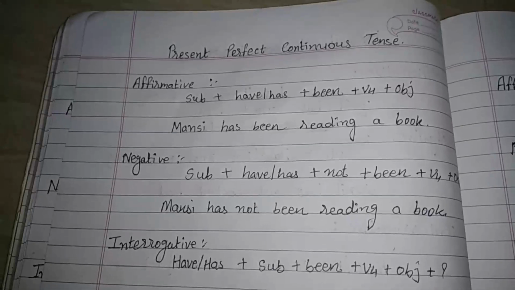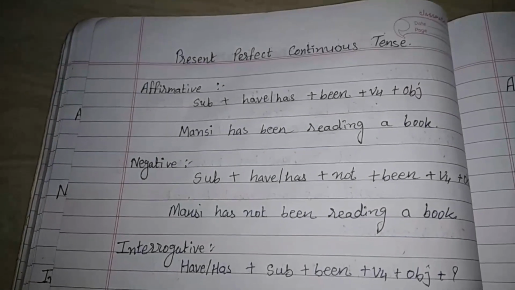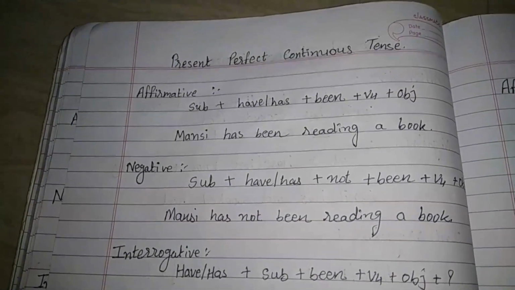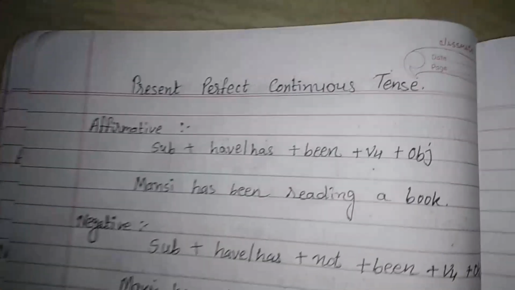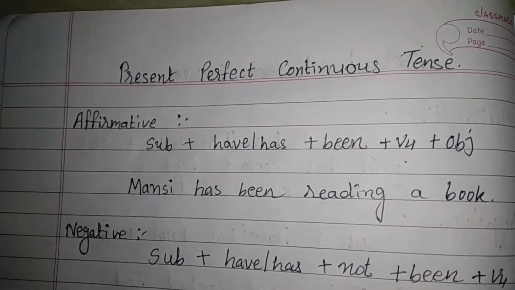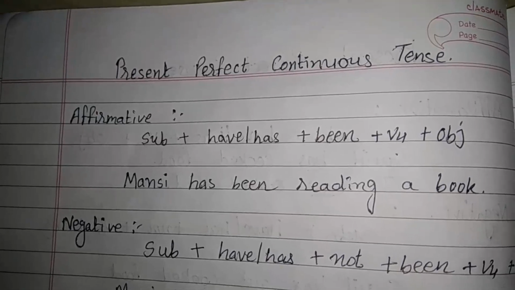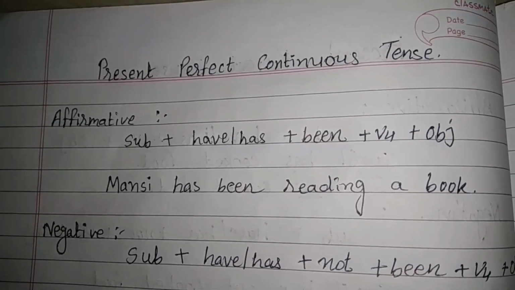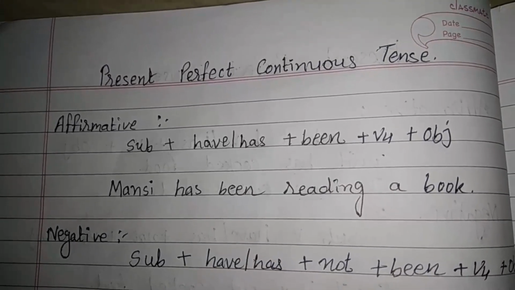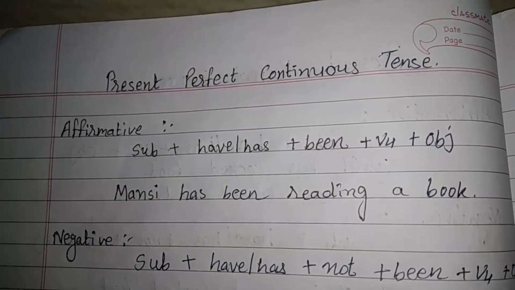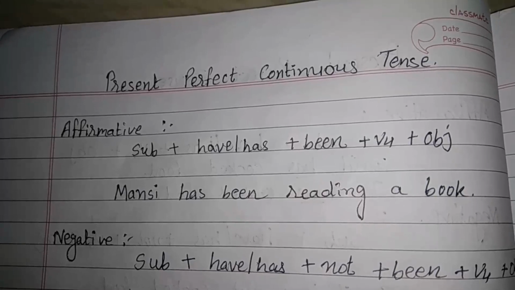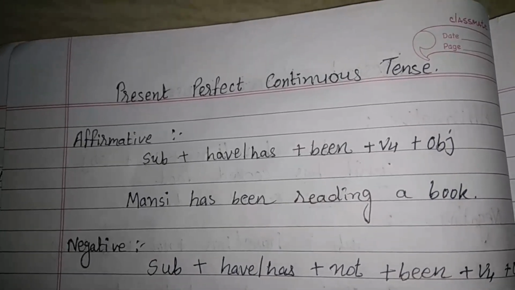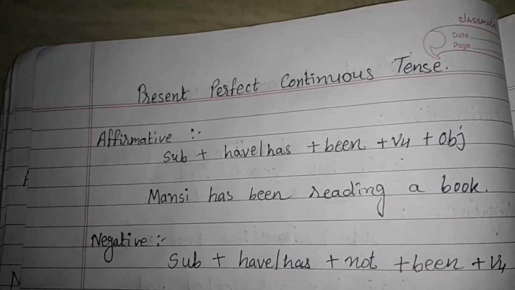Now let's learn the fourth type of present tense, that is present perfect continuous tense. The affirmative sentences format is subject plus have, has plus been plus V4 plus object. The example is Mansi has been reading a book.